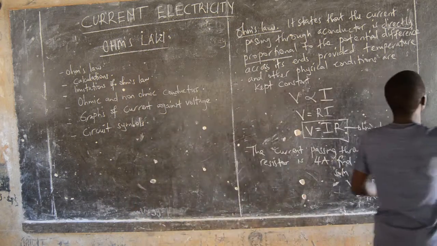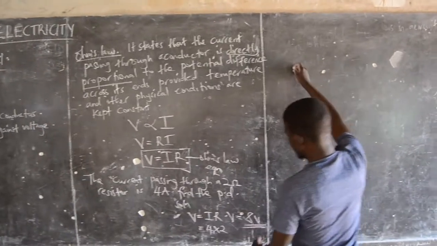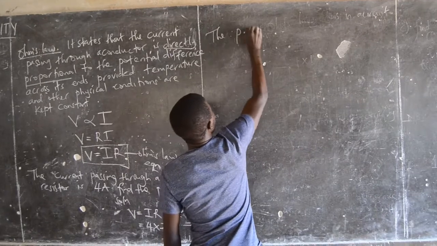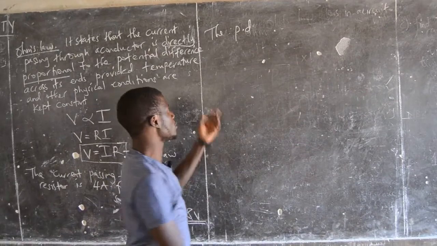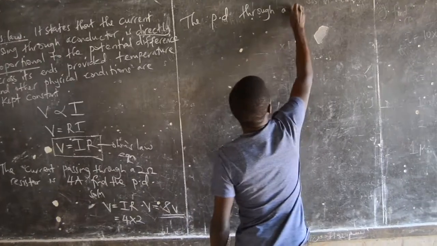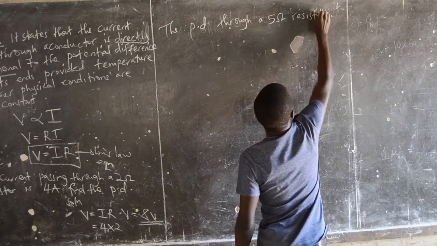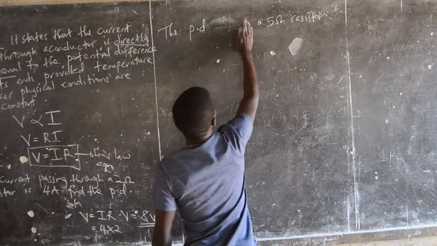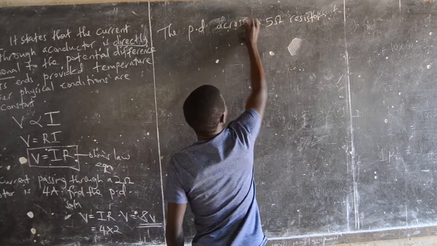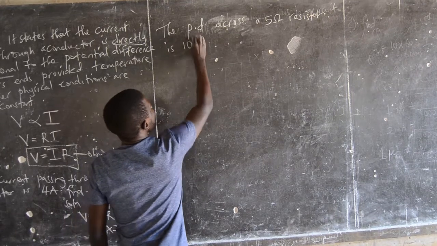Meaning that they can even add you another example. This is example 2: the PD, the potential difference or the voltage, across a 5 ohm resistor is 10 volts.